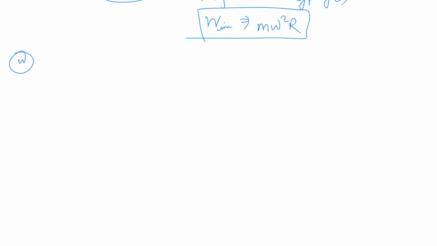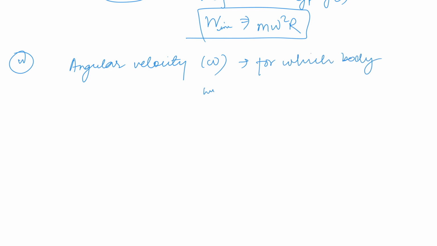So if the angular velocity of the rotation of the earth is such that a body at the equator will become weightless, we will calculate the angular velocity omega for which the body will experience weightlessness.